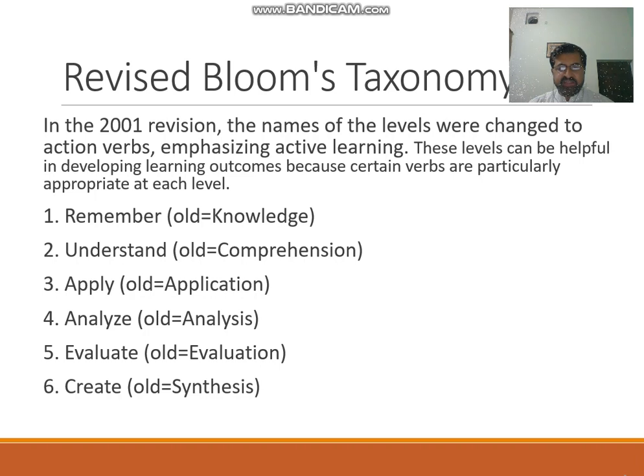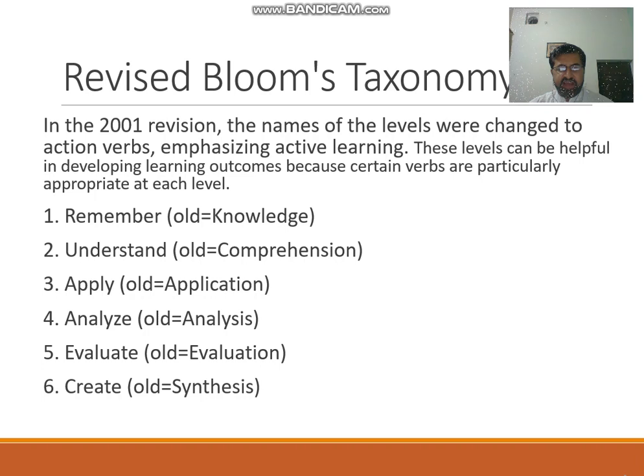Level number one is remember, and the old level was knowledge. Level two is now understand, and the old one was comprehension. Number three according to revised Bloom's taxonomy is apply; the old one was application. Number four is analyze, but in the old Bloom's taxonomy it was analysis.